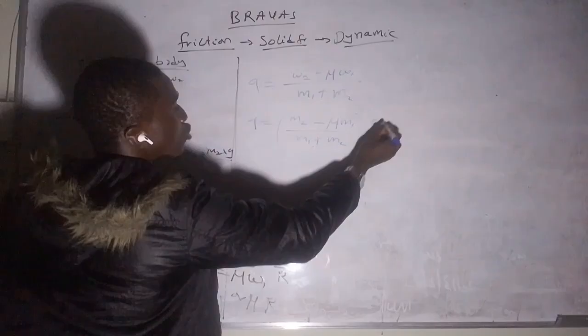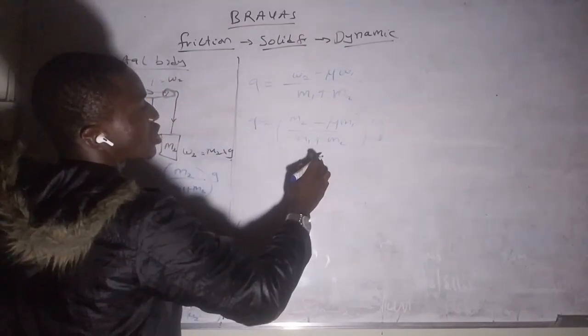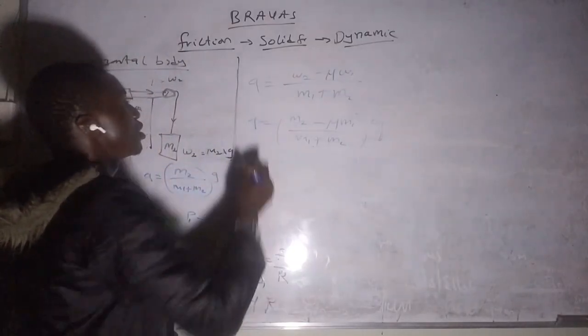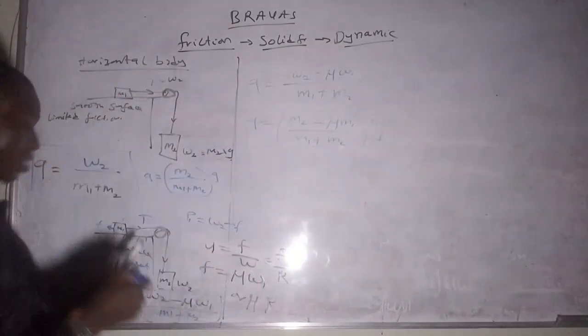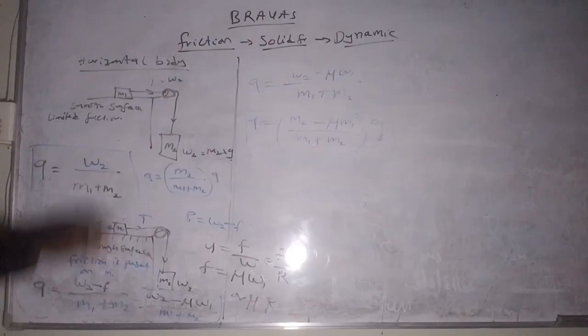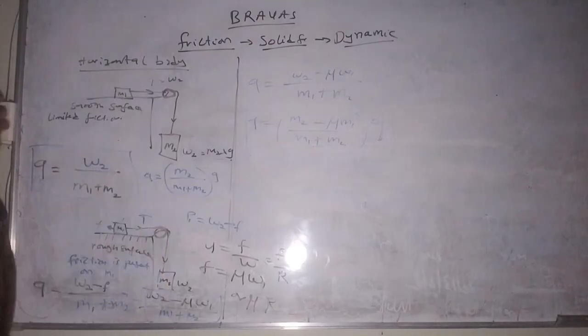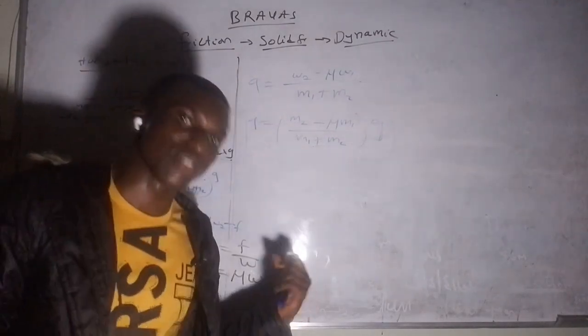Acceleration is gravity. When you multiply all by acceleration due to gravity, what will you get? You get W2 and W1. Do you understand? So this will be the formula to calculate acceleration for a horizontal surface when there is no friction and when there is friction. So let's go to inclined surface. Let's see in the next video.